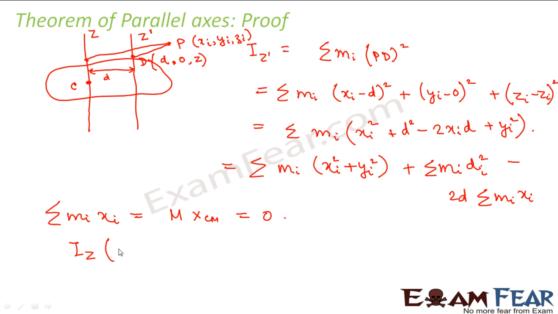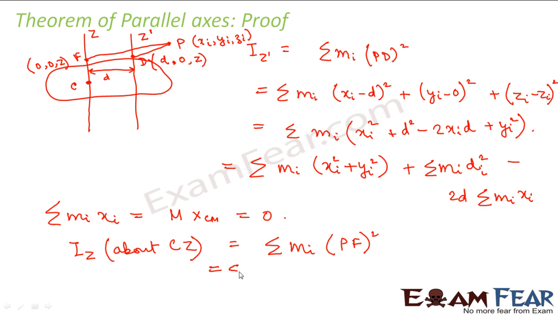Now Iz about the Z axis. What is Iz? It is nothing but summation of mi into PF square, let us call this point F. What are the coordinates of F? They are 0, 0, zi.